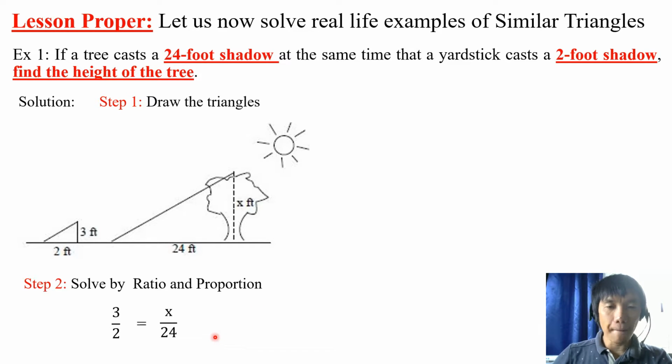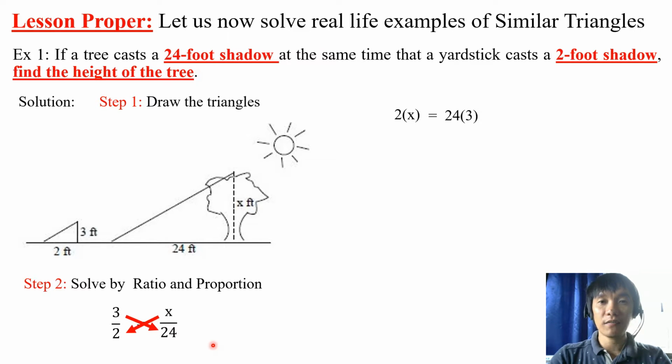After that, apply cross multiplication. x times 2 gives us 2x, and 3 times 24 gives us 72. So 2x equals 72.